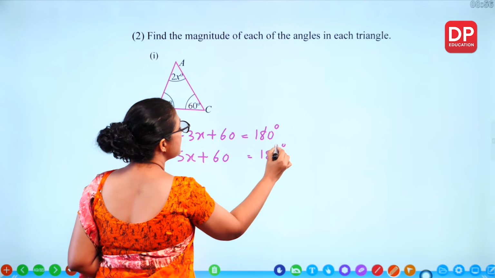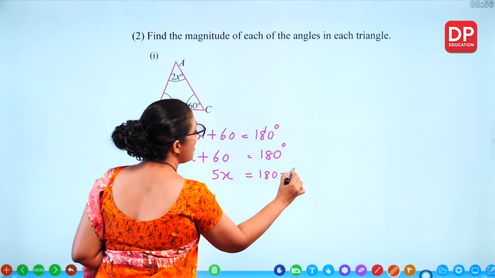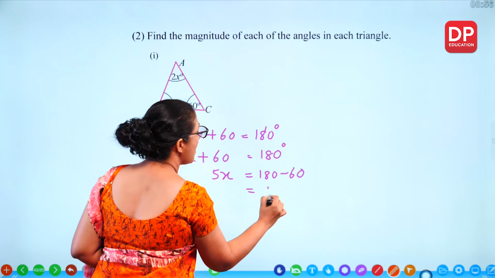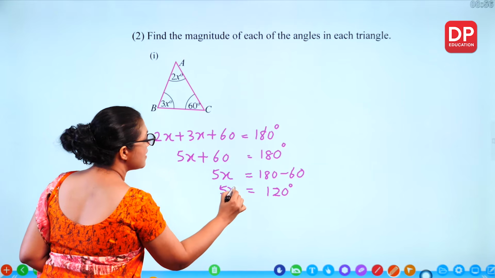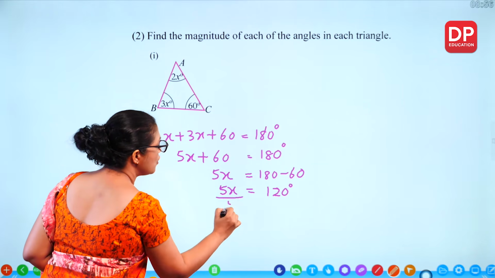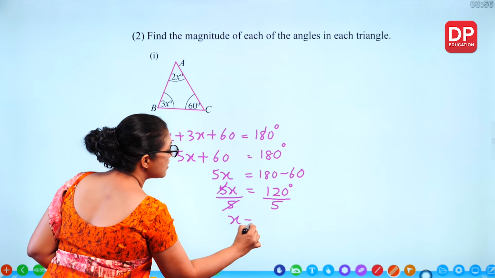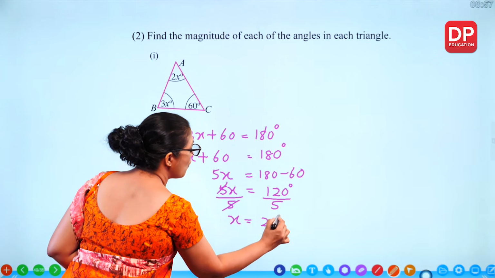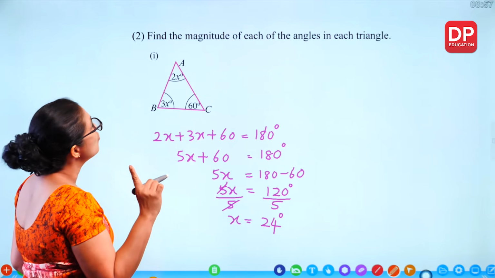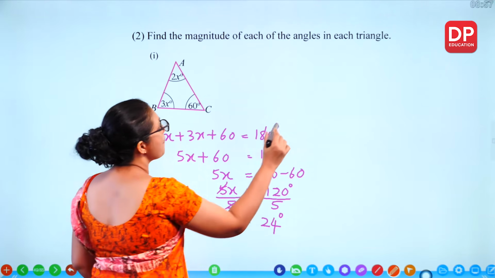And when you take 60 to the other side, you get 180 minus 60, that's 120 degrees. So 5x equals 120 means when you divide by 5, you get x equals 24. So you are asked to find out all angles. So what's A?